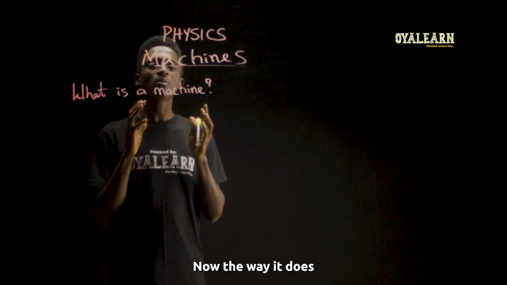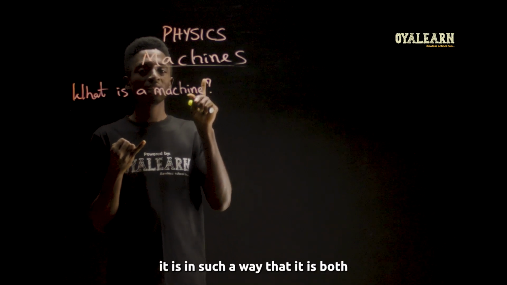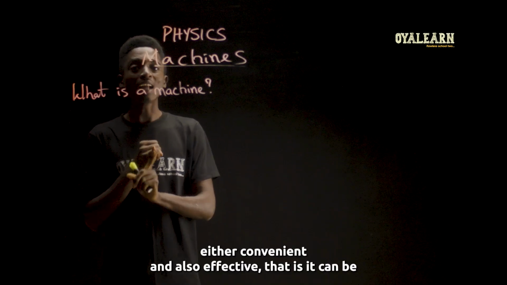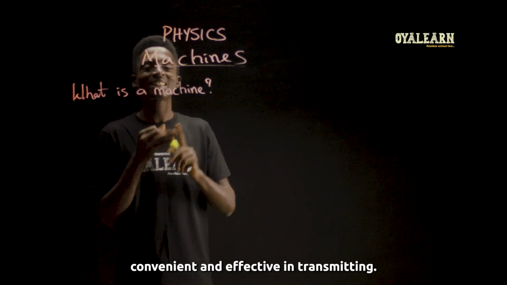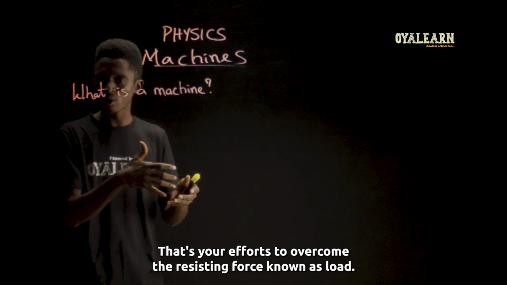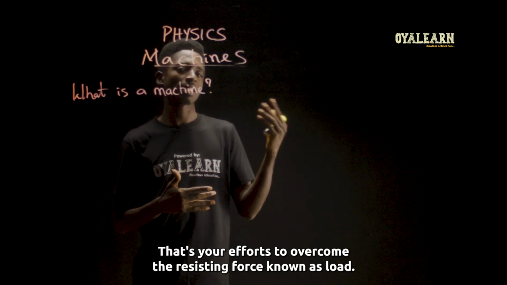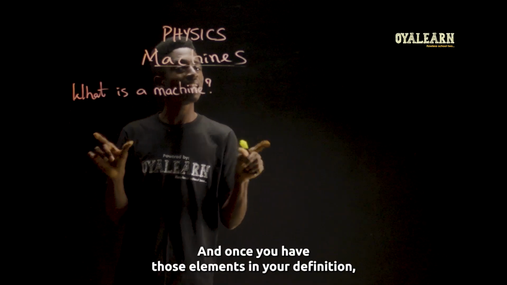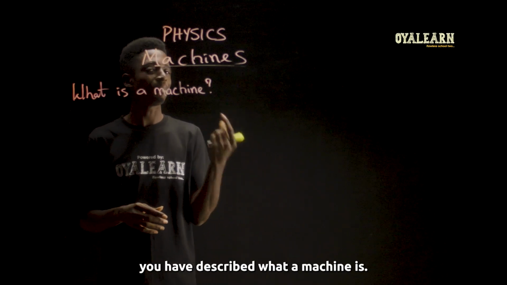Now, the way it does it is in such a way that it is both convenient and effective, convenient and effective in transmitting your effort to overcome the resisting force known as load. And once you have those elements in your definition, you have described what a machine is.